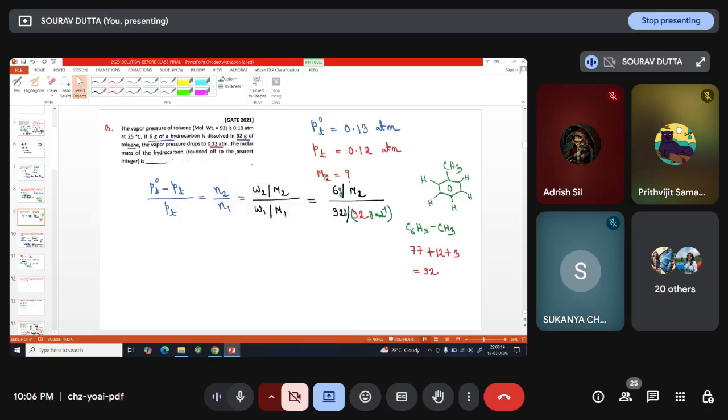PT naught is 0.13, PT is 0.12. So all information is given, only M2 is unknown. If you calculate, you will get M2 equals 72 gram per mole. Your answer is 72.